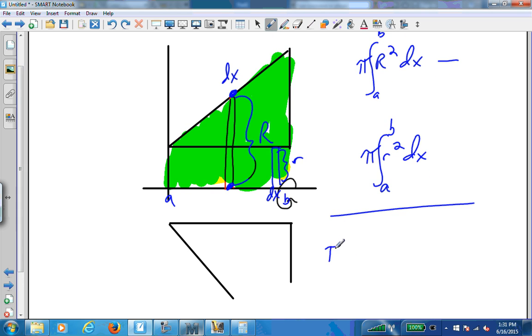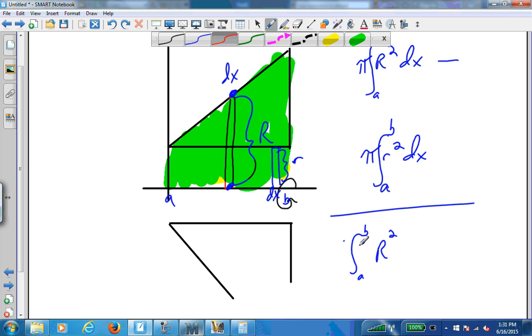So if we put that together, that's pi, the integral from A to B of big R squared. Actually, let's do this. If we move the pi inside, notice since the integrals both go from A to B, then this integral from A to B is pi big R squared.